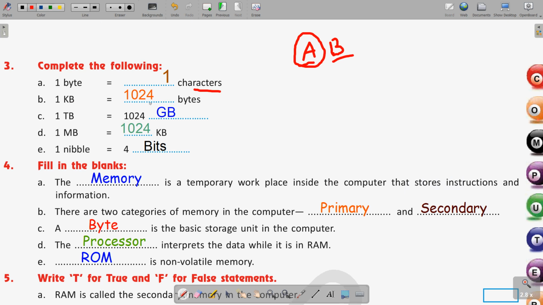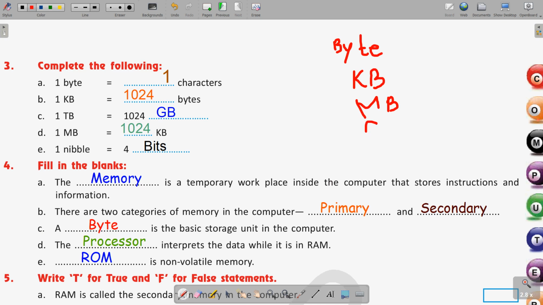So here 1 kilobyte is 1024 bytes. Okay. Next, 1 terabyte. Before terabyte, what do we have? We have byte, then after byte we have kilobyte, KB, then megabyte, that is MB, and after megabyte we have gigabyte, GB.